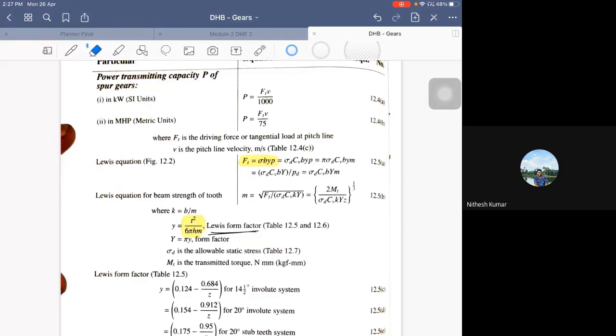Any other provision, guys? Look into your data handbooks. No idea?